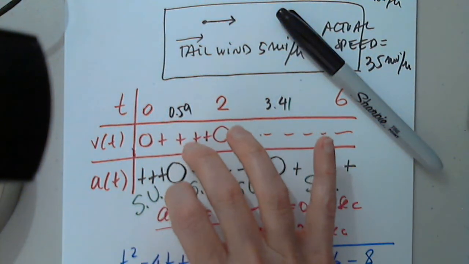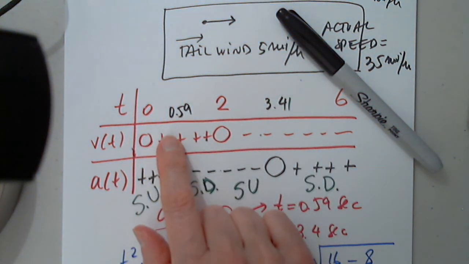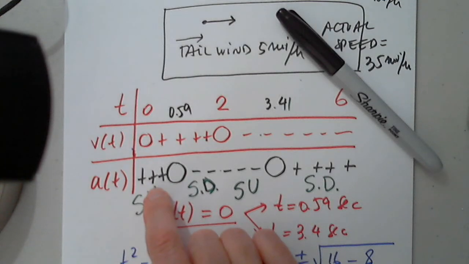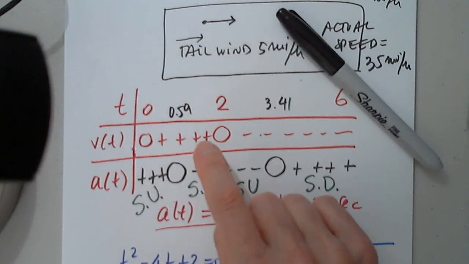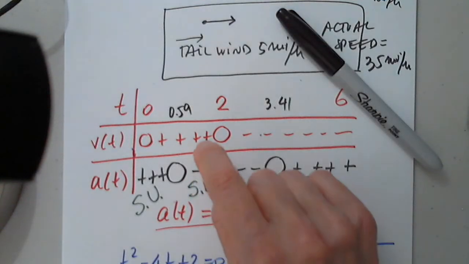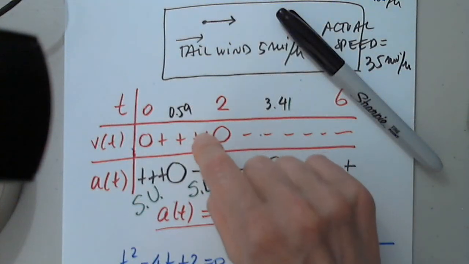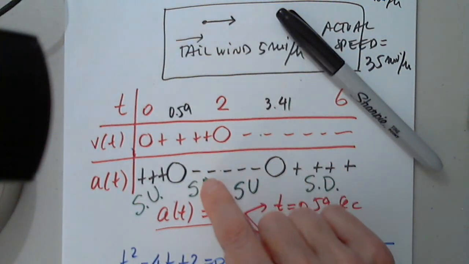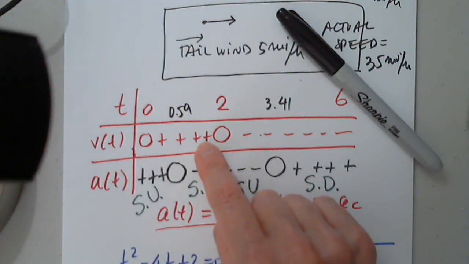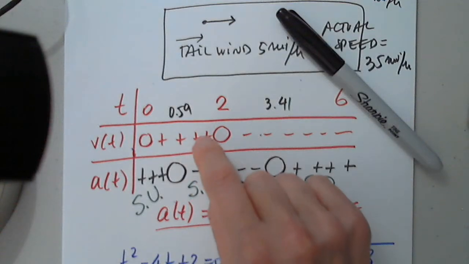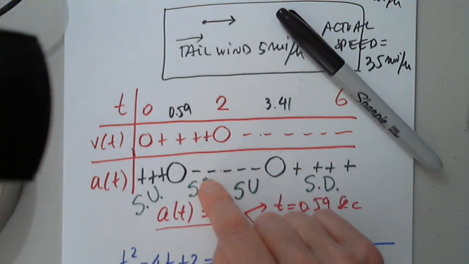So coming back to the particle, the velocity is increasing and the acceleration is positive. It's adding to this. The velocity is increasing, but the acceleration is negative. It means that the rate is not increasing, but decreasing. So I still have a positive speed, but the rate of change of the speed is negative, which means I'm slowing down.